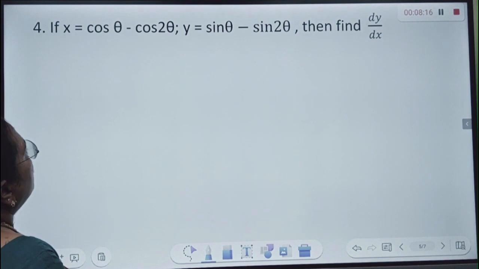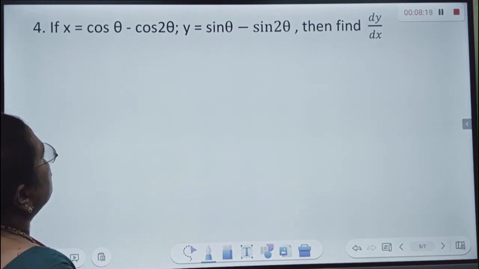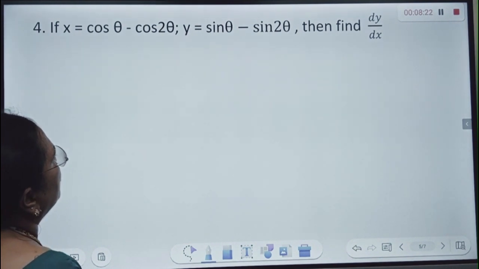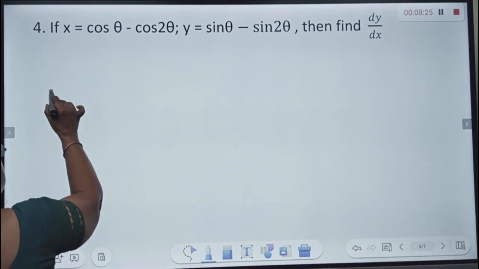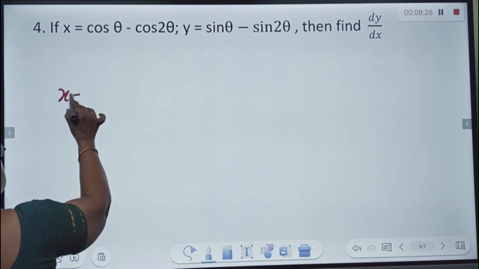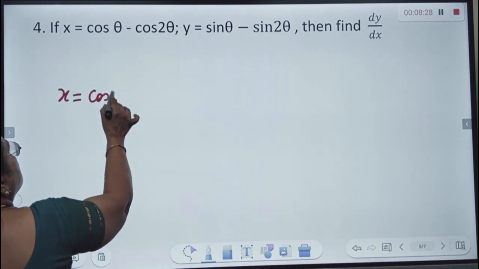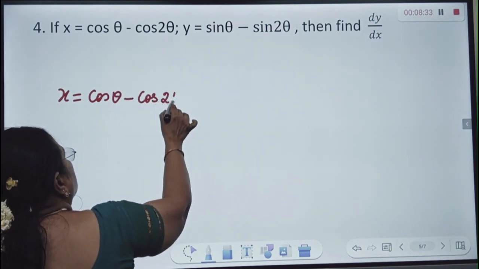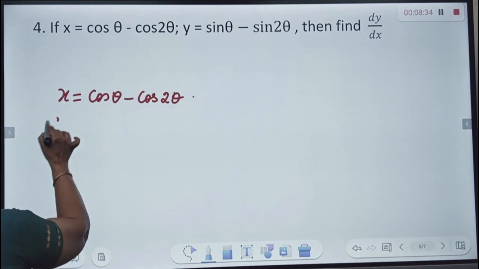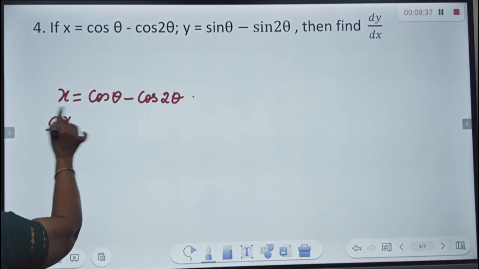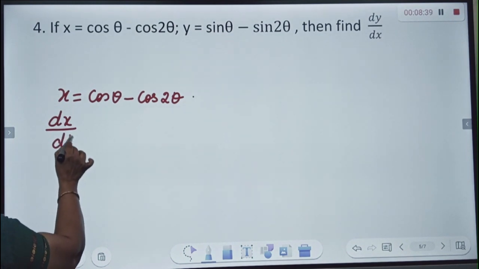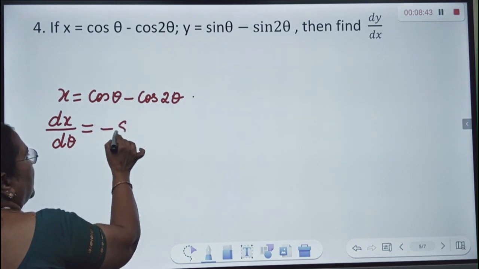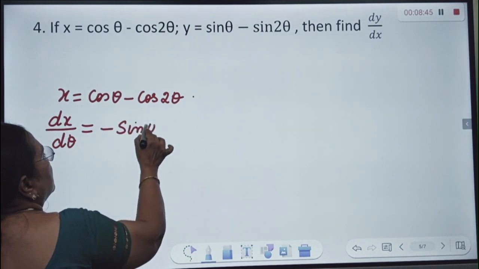Now x equal to cos theta minus cos 2 theta, y equal to sin theta minus sin 2 theta, you have to find dy by dx. So x is equal to cos theta minus cos 2 theta. dx by d theta, x is a function of theta, so first differentiate cos theta, you will get minus sin theta.